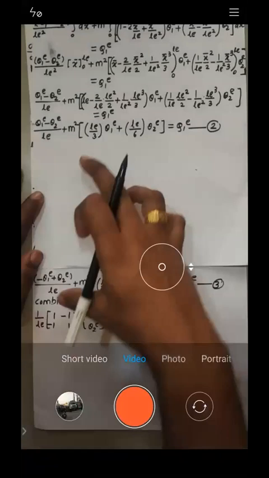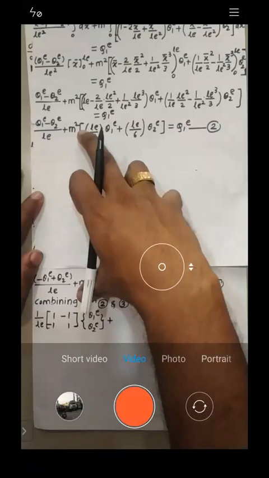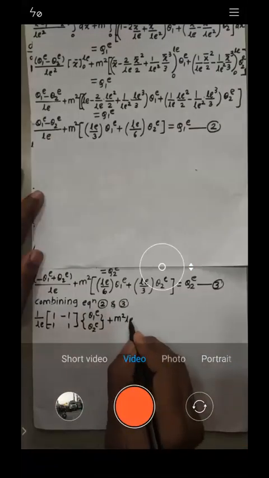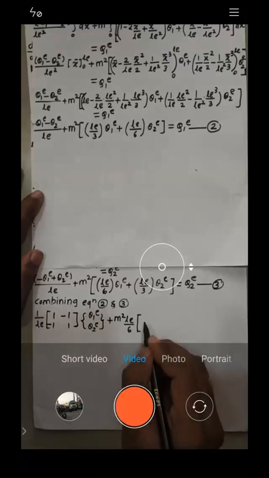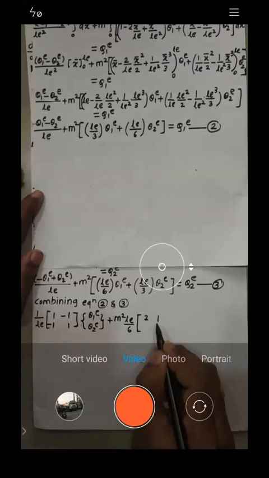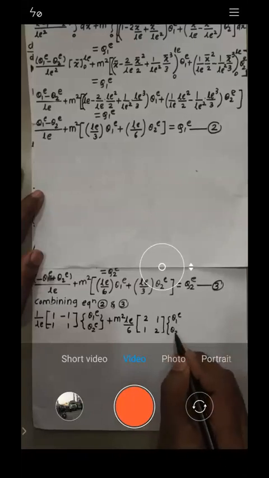So M square is common. Can I take LE by 6 common? Yes, you can. If I take LE by 6 common, can I write down here 2, 1, 1, 2, into theta 1 E, theta 2 E?